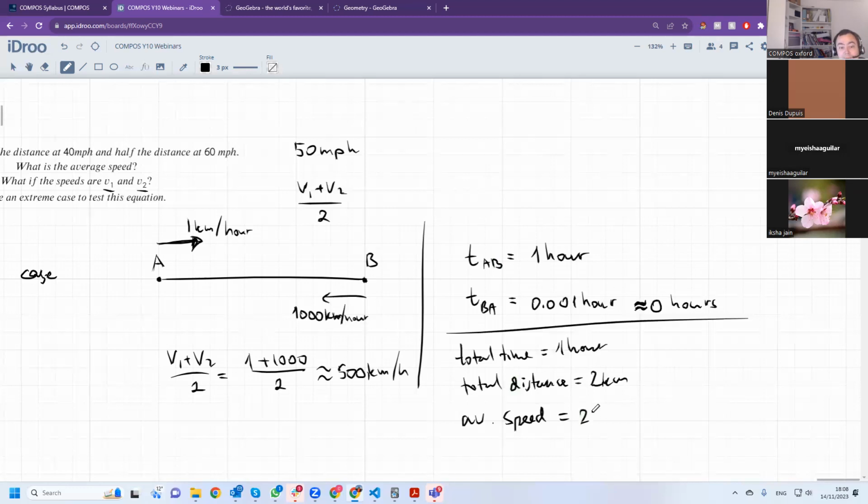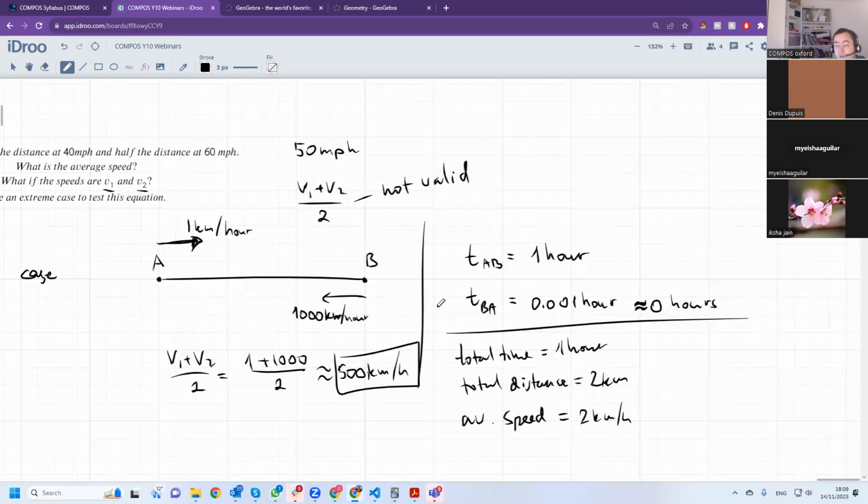Two kilometers an hour, which is very far from the expected 500 kilometers an hour. So we were wrong. This formula is not valid.